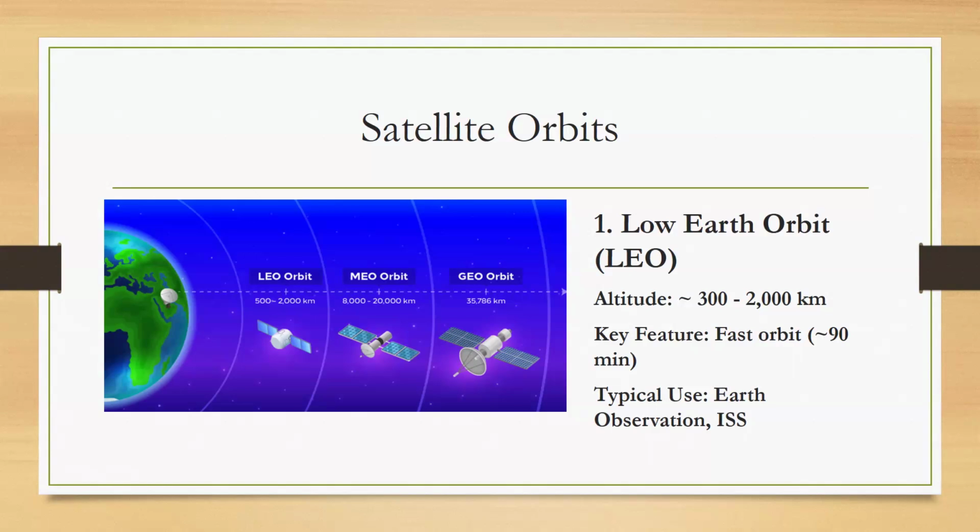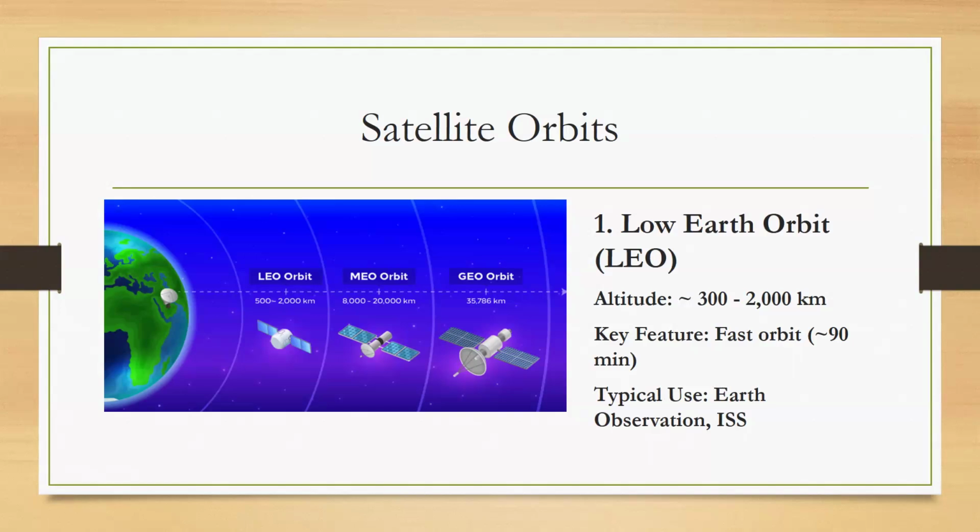And yeah, they are known to be very fast. Of course, Kepler's laws of planetary motion tell us that the closest ones are usually the fastest. And it takes roughly 90 minutes for this kind of satellite to orbit the Earth.